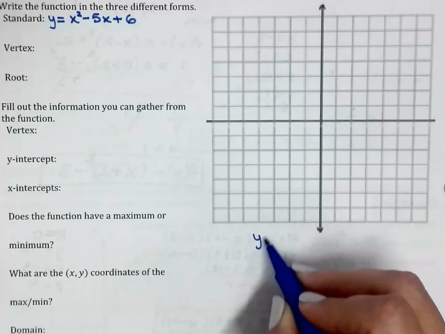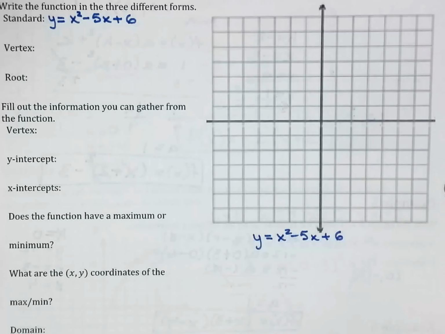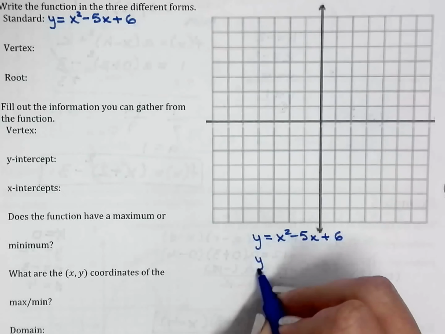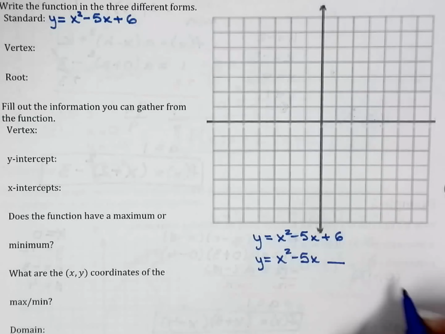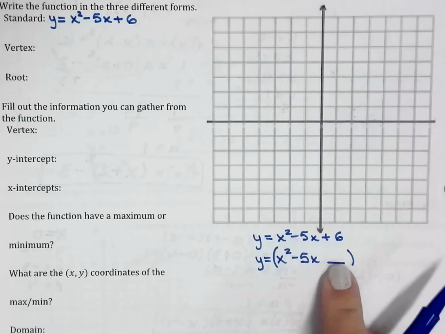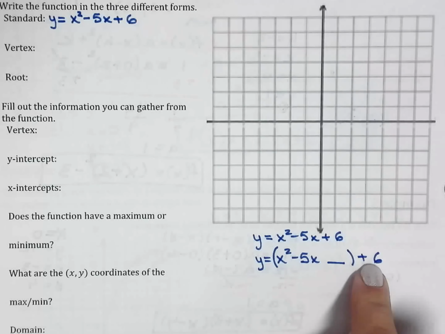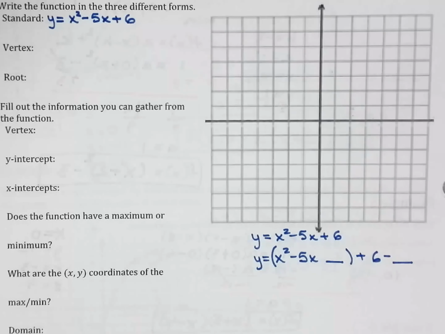I have the standard form y equals x squared minus 5x plus 6. Now we're going to leave a blank here because we're going to complete the square there. And then this 6 goes right there. And whatever I did here, I have to undo there.